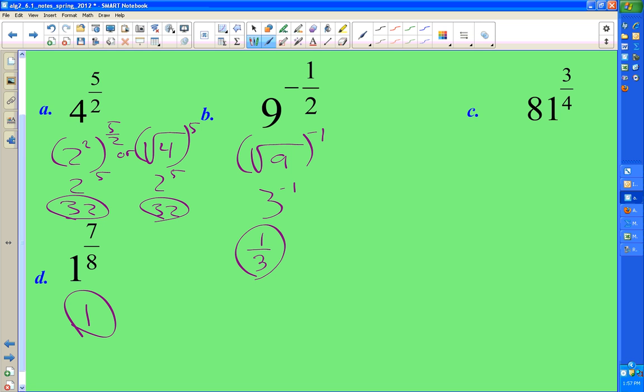81 to the 3/4. Okay, you could do the 4th root of 81 cubed. What's the 4th root of 81? Cubed. Still getting people who tell me 3 cubed is 9, even in my honors class.